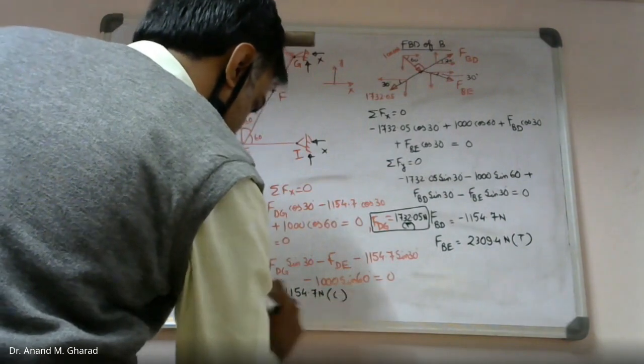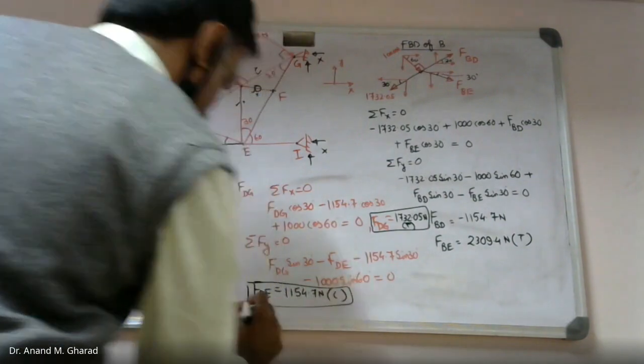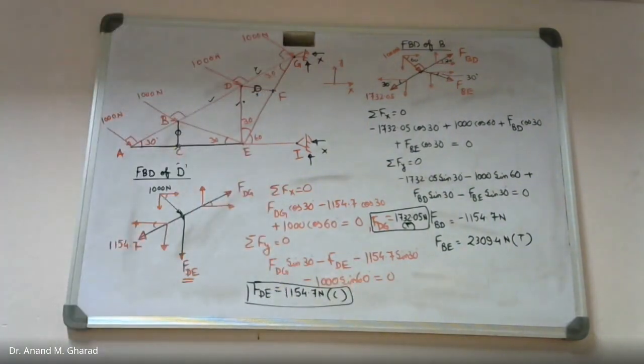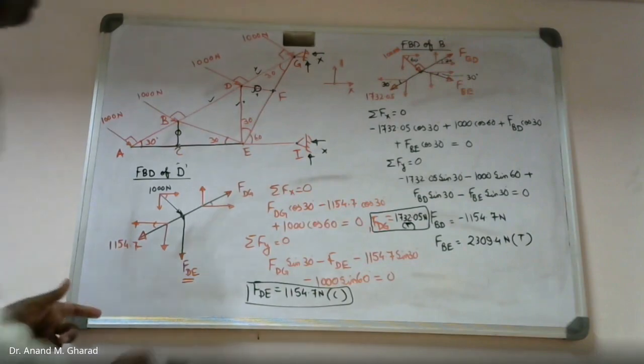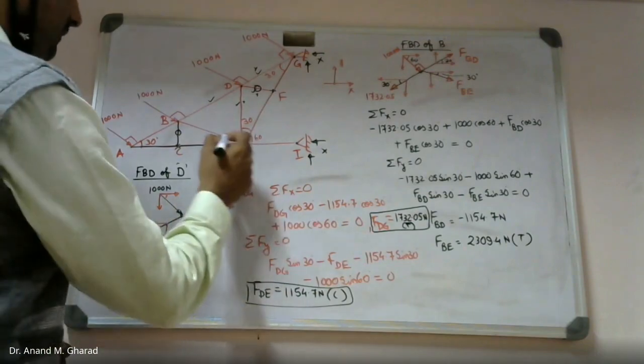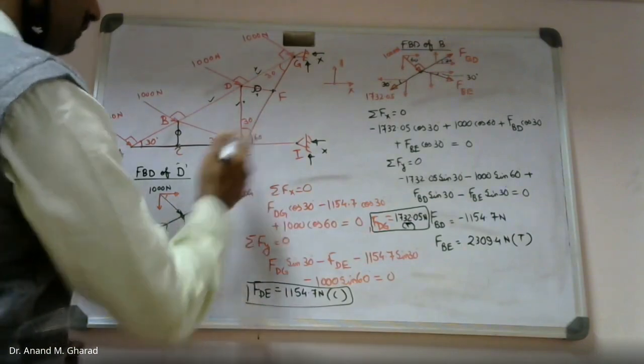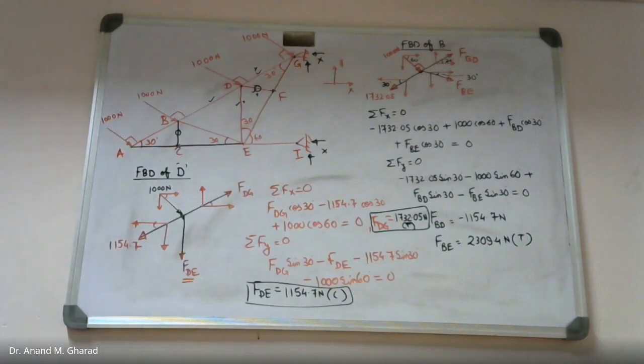This is compression. That means it came out to be negative. Okay, is this okay? Likewise, you can find the forces in the rest of the members. You can take this up as your homework and solve it.